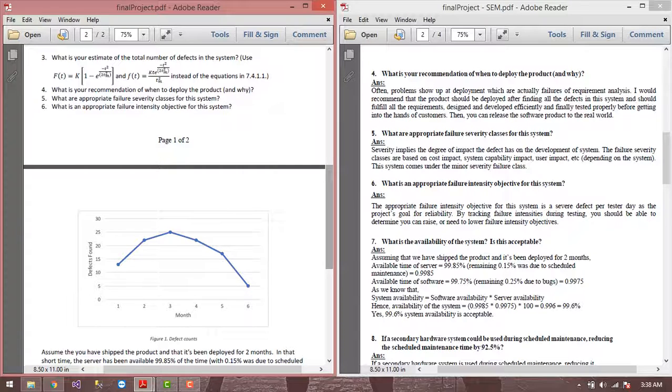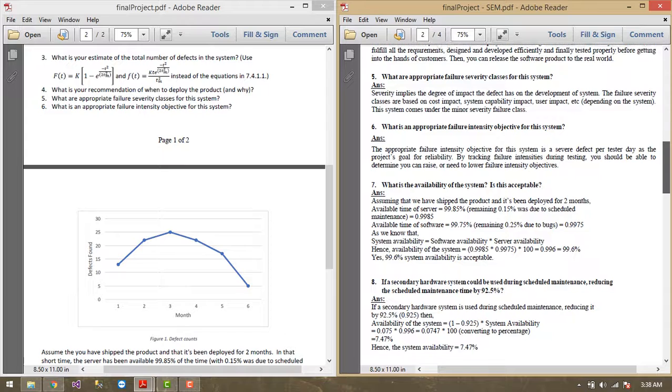So I would recommend that the product should be deployed after finding all the defects in the system, and it should fulfill all the requirements and should be designed and developed efficiently and finally tested properly, before getting into the hands of the customers. So after all this is successfully done, then you can release the software product to the real world.